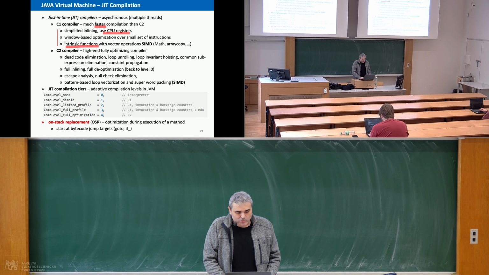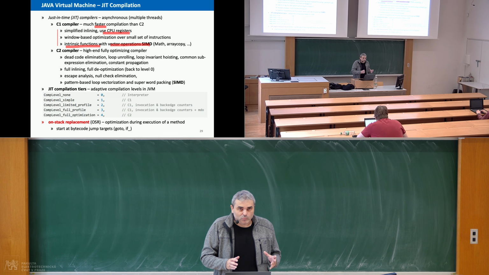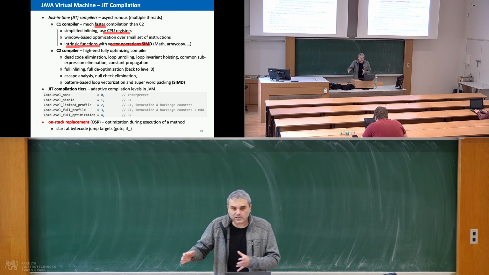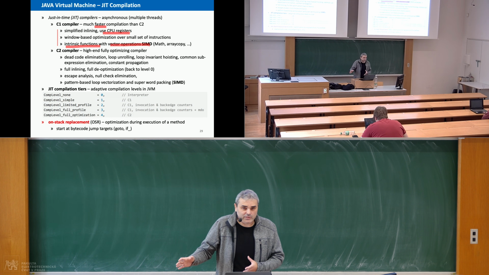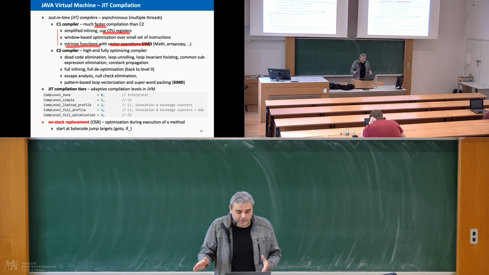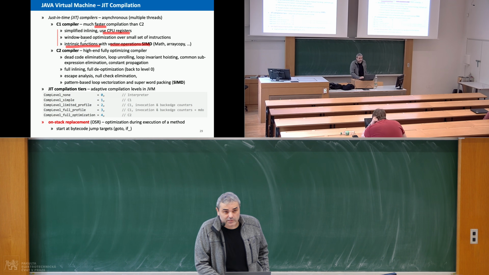The C1 compiler also uses vector operations, single instruction multiple data, SIMD, like array copy, or multiplication of 8 integers in the same clock cycle, resulting in 8 integer results in a single cycle, just a parallel operation. Those vector operations in C1 are used in intrinsic functions.